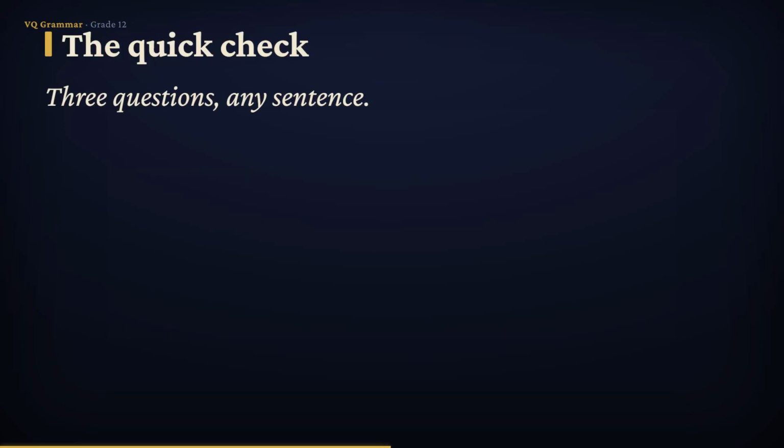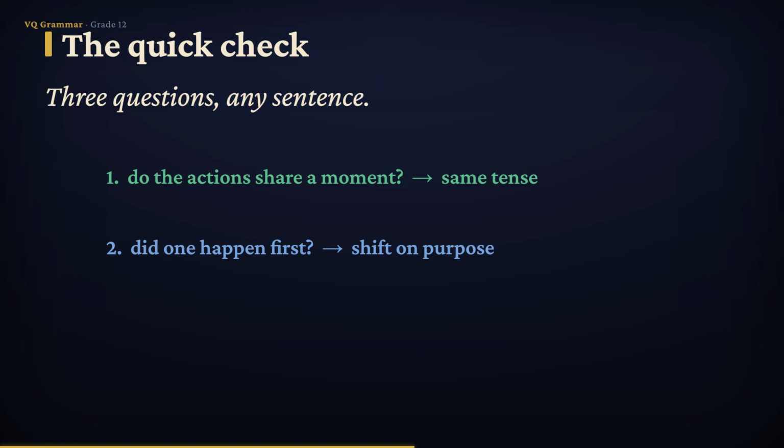Let's boil it all into a quick check you can run on any sentence. 1. Do the actions share a moment? If they do, keep the same tense. 2. Did one of them happen first? Then a shift is not only allowed, it's needed, so shift on purpose. 3.